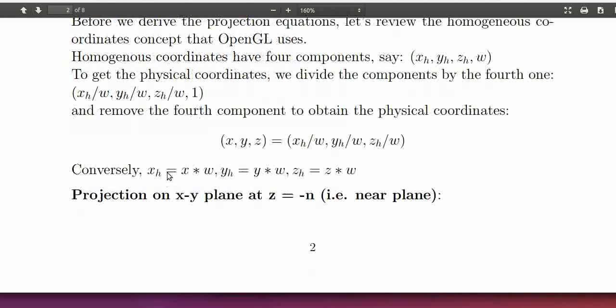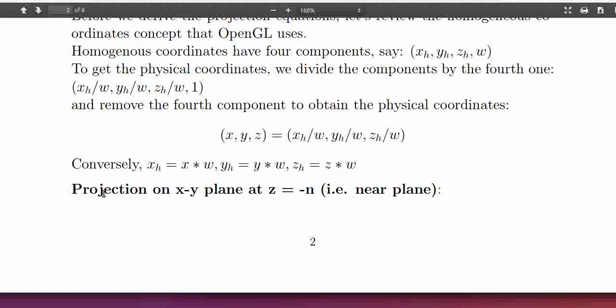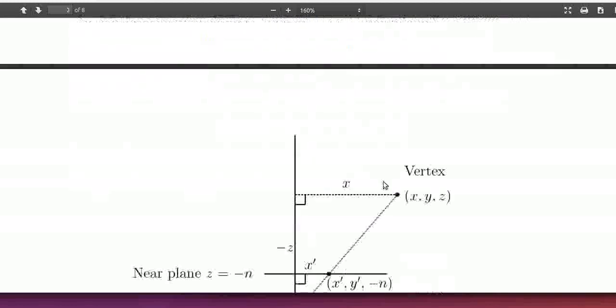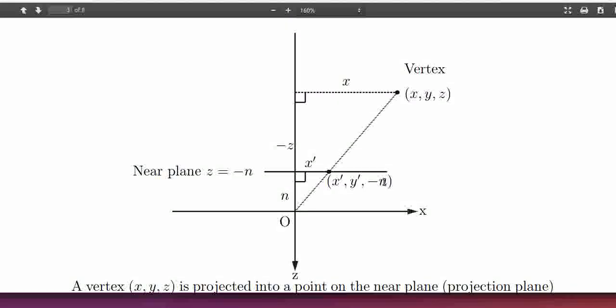Now let's see how the projection on the xy plane at z equals minus n, that is the near plane, is done. This figure shows the procedure. This is the x axis, this is the z axis, and this is the origin O. We assume our eye is here and looking along the negative z direction.